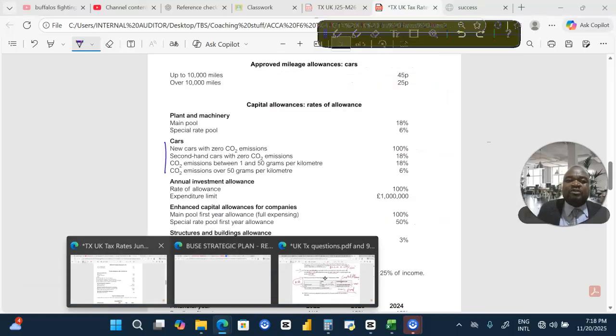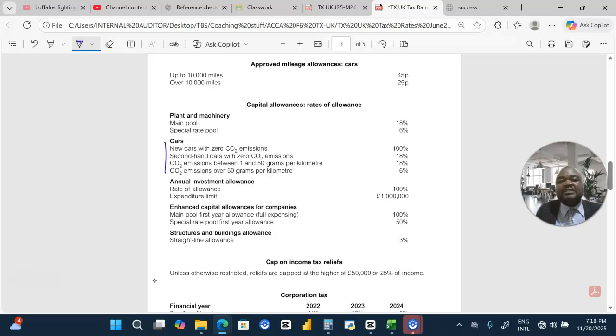So we come to our tax table and look for that car. CO2 emissions between 1 and 50 grams per kilometer, the rate that applies there is 18%, which is actually synonymous with the main pool rate.